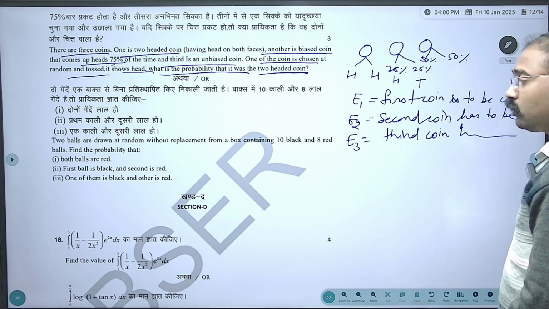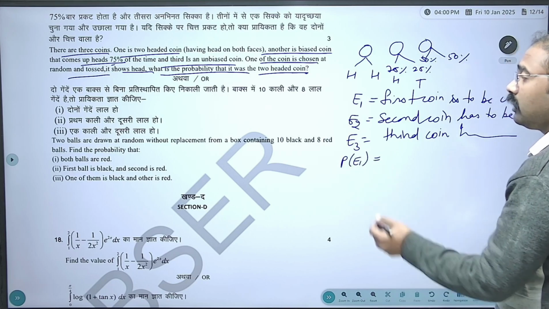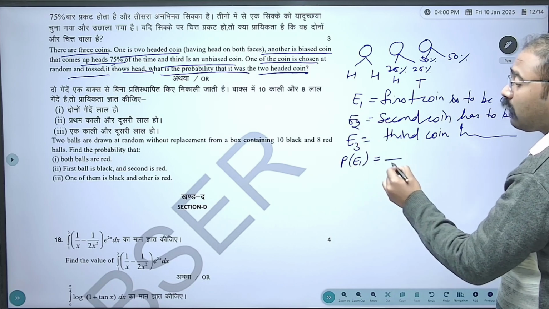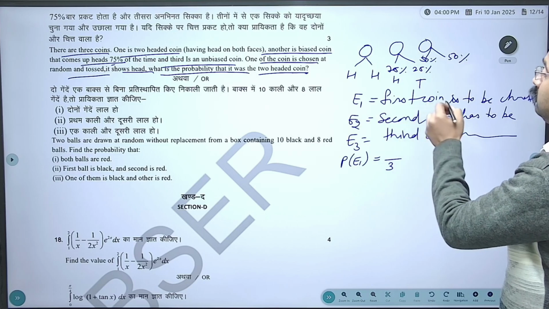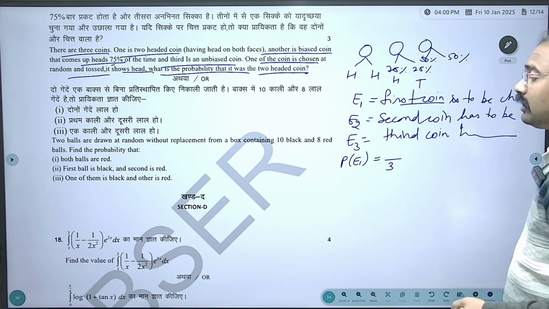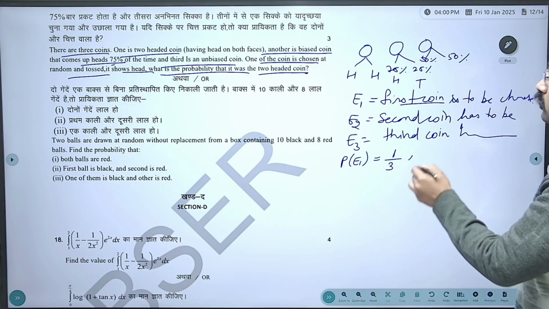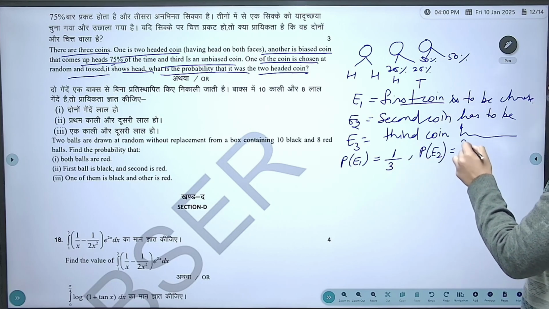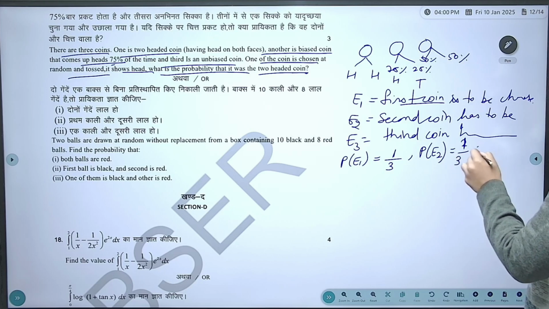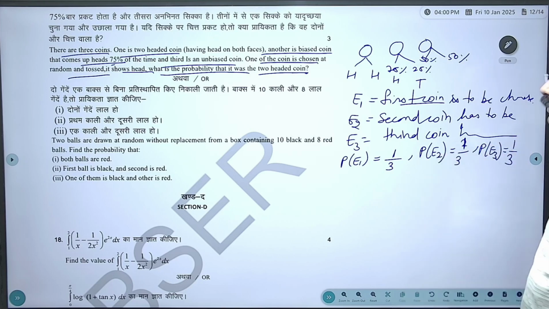Now we have total three coins, so the total number of outcomes will be 3, and for choosing the first coin, the favorable outcomes are 1. So the probability of choosing the first coin is 1/3. The probability of choosing the second coin is also 1/3, and the probability of choosing the third coin is also 1/3.